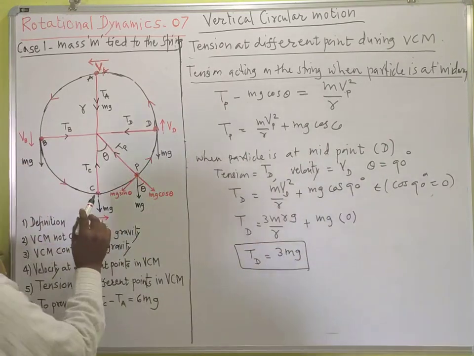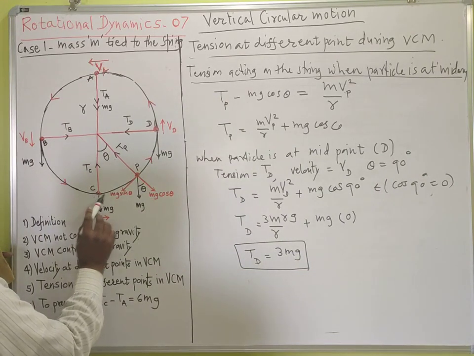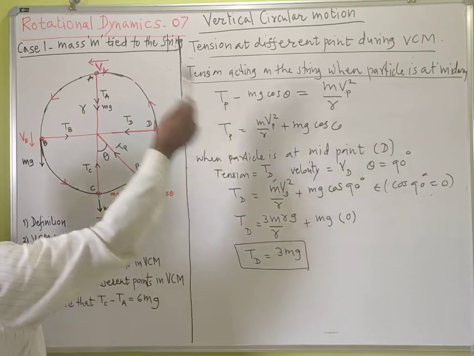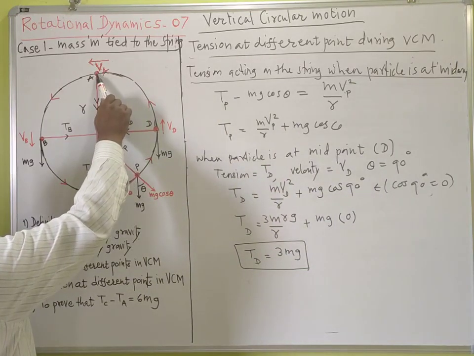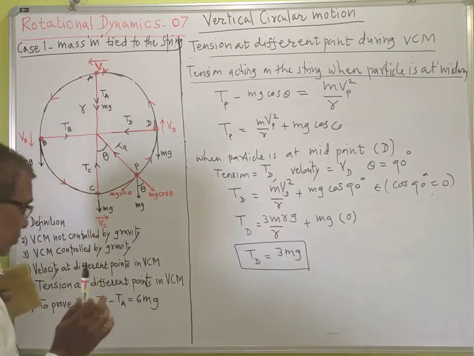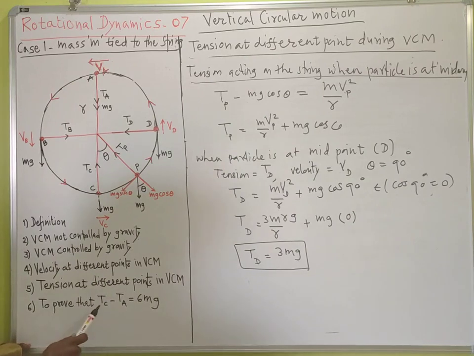So the tension acting on the string when the particle is at bottom is equal to 6 mg. The tension when the particle is at midpoint is equal to 3 mg, and the tension when the particle is at top is equal to 0. So our last article is to prove that Tc minus Ta is equal to 6 mg.